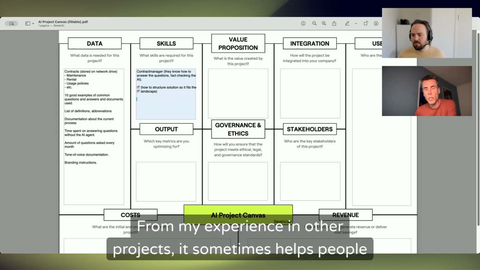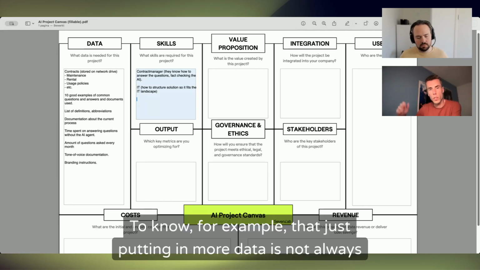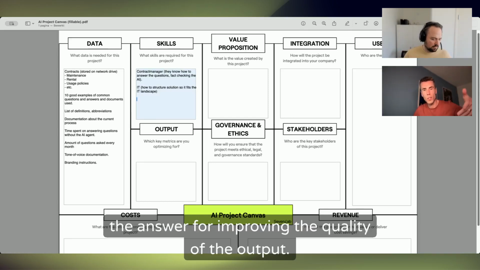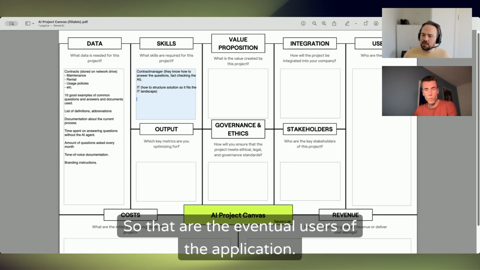From my experience in other projects, it sometimes helps people to understand how this type of solution works on a more general level. To know, for example, that just putting in more data is not always the answer for improving the quality of the output. Yeah, and we have a user side of things, so the eventual users of the application.